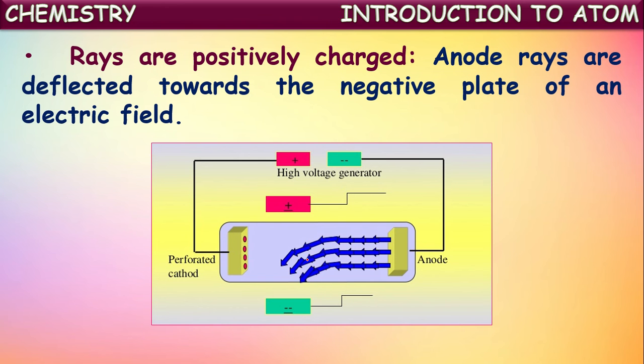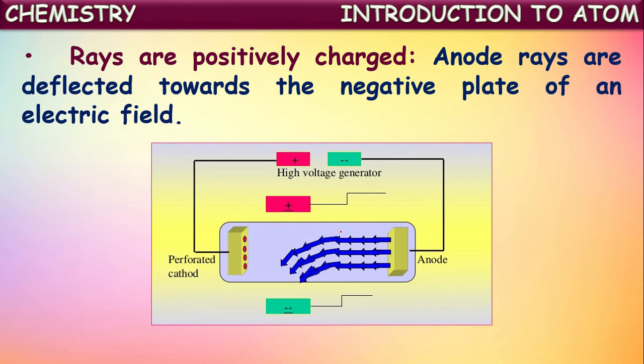This proves these anode rays are positively charged, because of this positive charge only they are attracted towards the negative electrode of the electric field applied in their path.